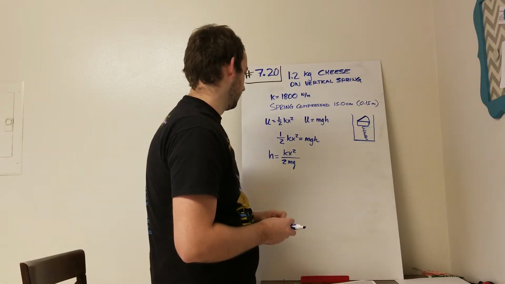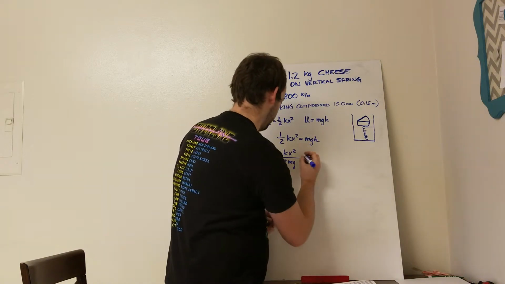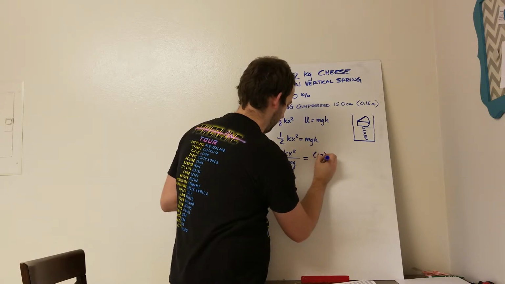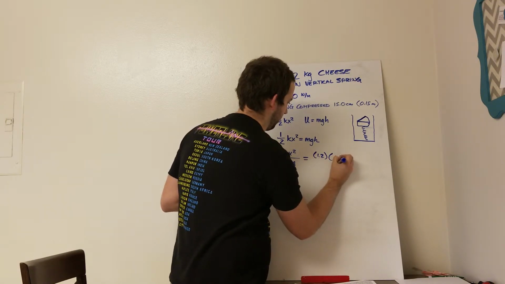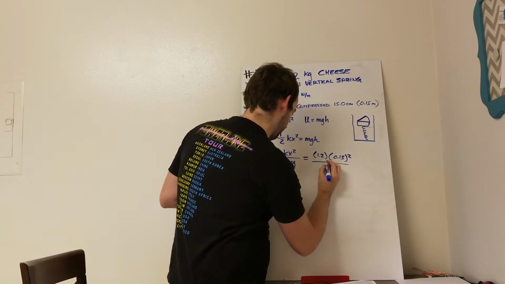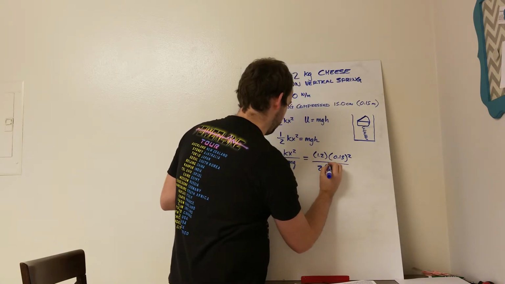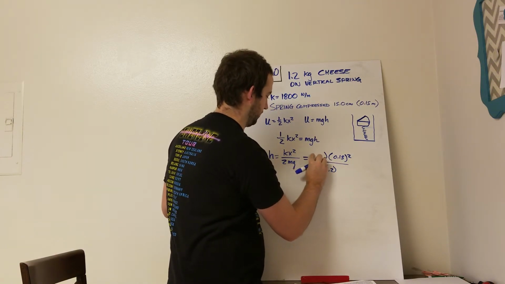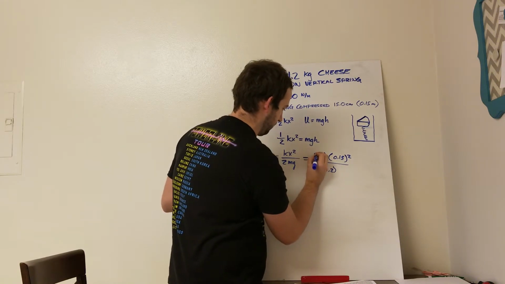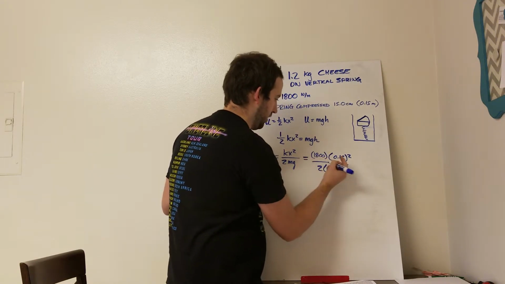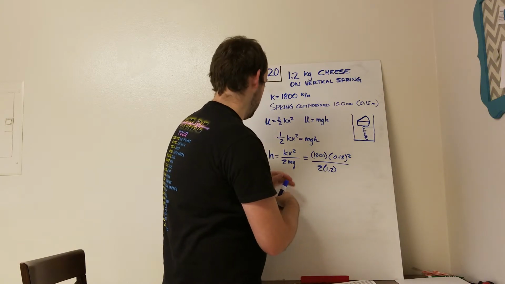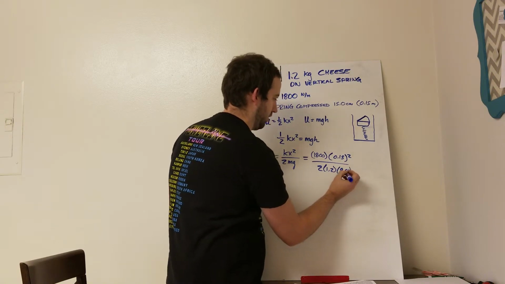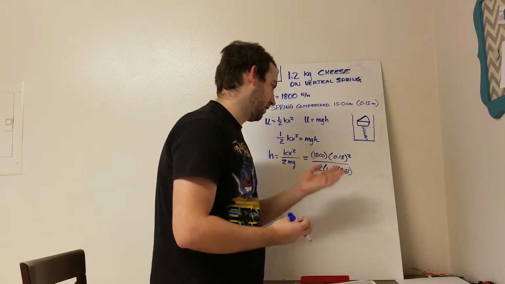Once we throw everything in here, I just realized I wrote the mass in there when I should have written 1800. And then gravity. So now all we have to do is plug that into our calculator.